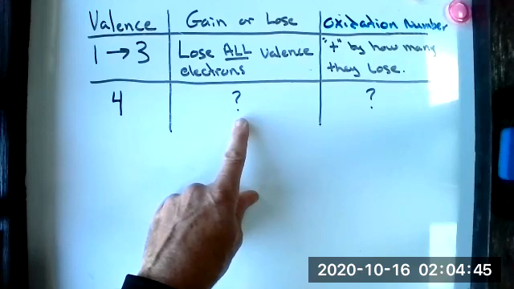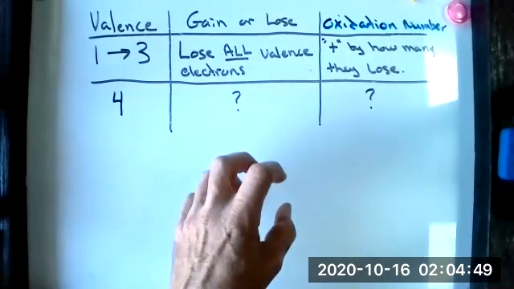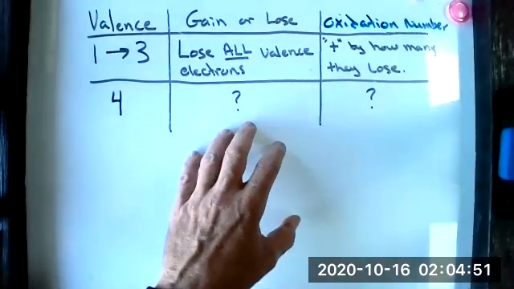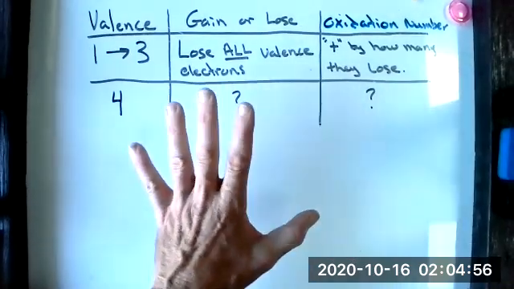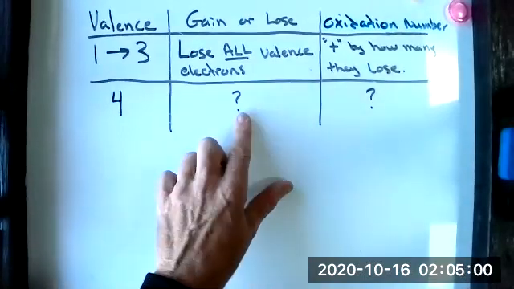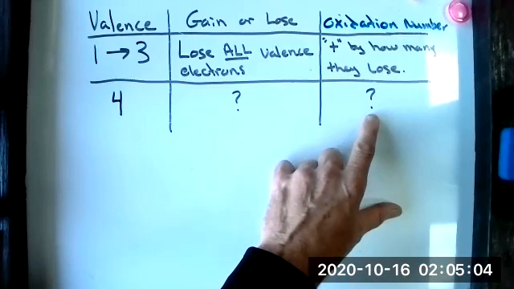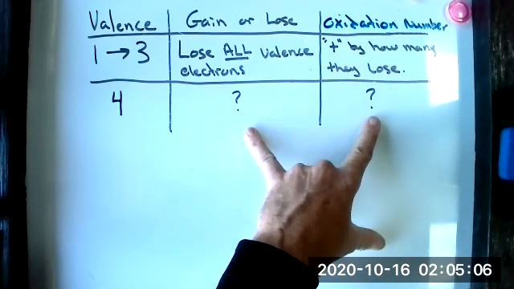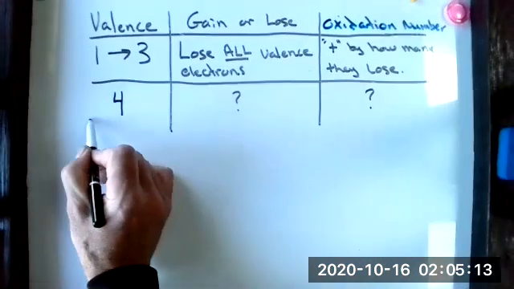It's halfway between 8. So do they gain or do they lose? Well, that depends on who you're combining them with. Now that takes a couple topics later to figure out. So for now, in topic 5, don't worry about it. I'll get to it later, probably in topic 7. Okay. Just leave 4s alone.